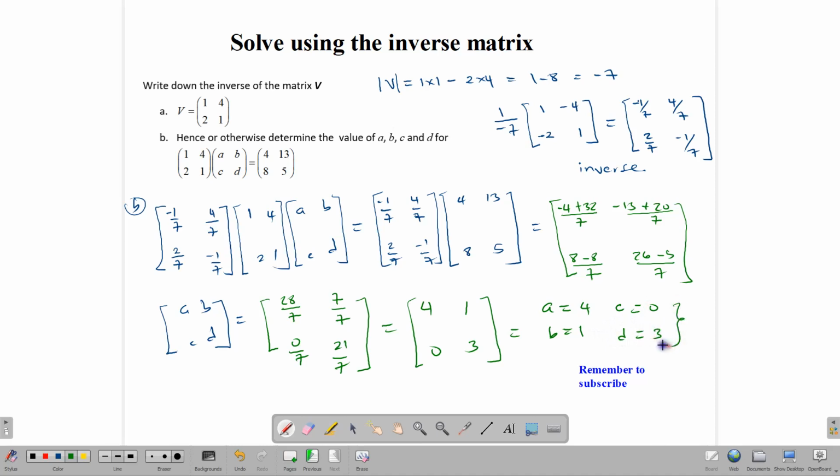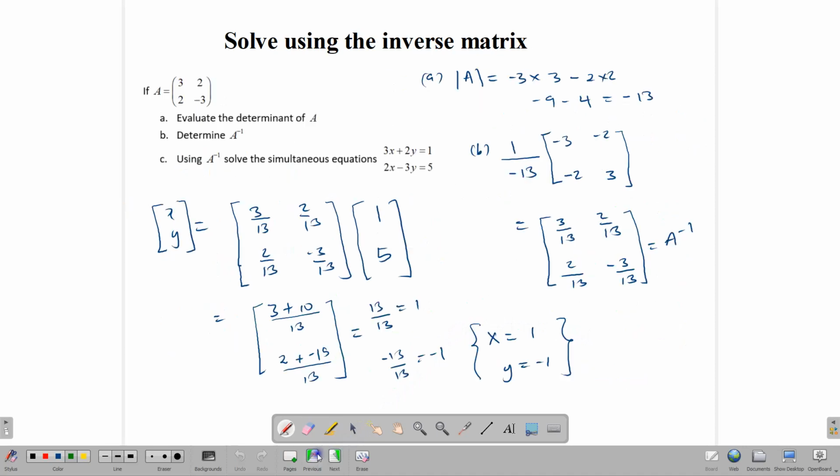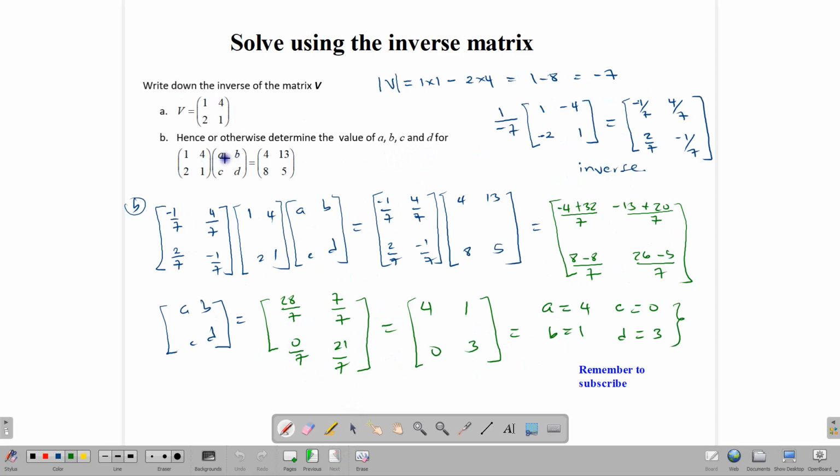And so we can use inverse matrices very effectively to solve systems of linear equations, whether they are systems of simultaneous equations with two variables as in x or y, or whether they have four variables a, b, c, d.